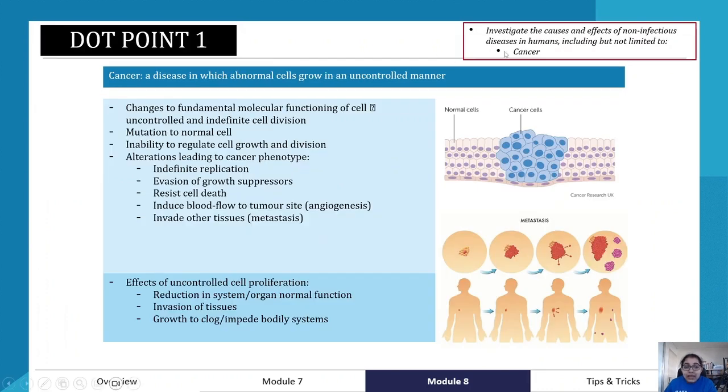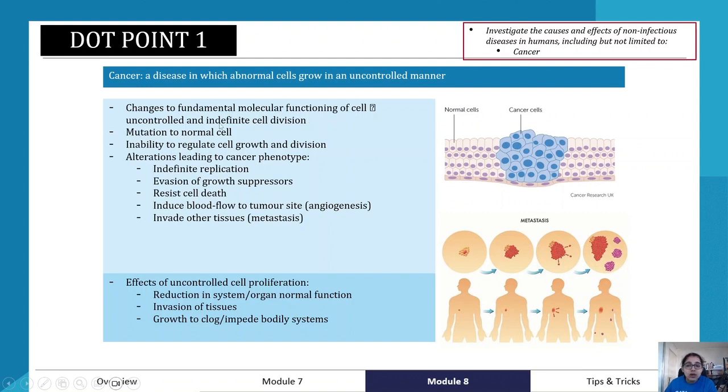Okay, now cancer is also another one that you'll be looking at, and again it's mentioned in the syllabus. So cancer is a disease which occurs when abnormal cells grow in an uncontrolled manner. And this is where we see changes to the fundamental molecular functioning of a cell.